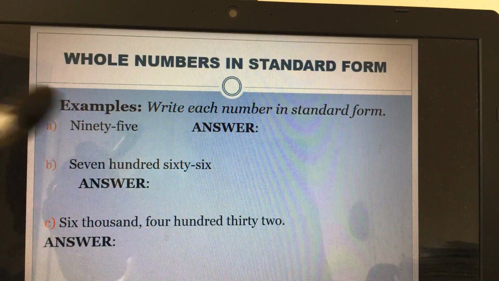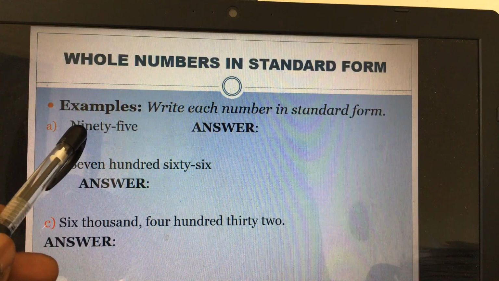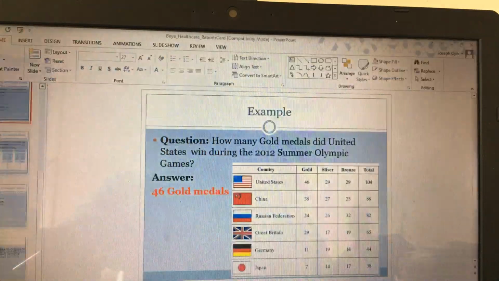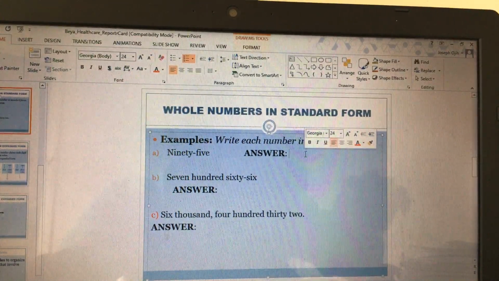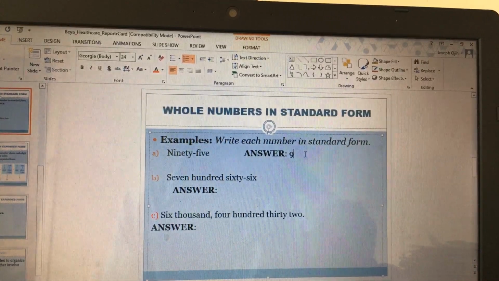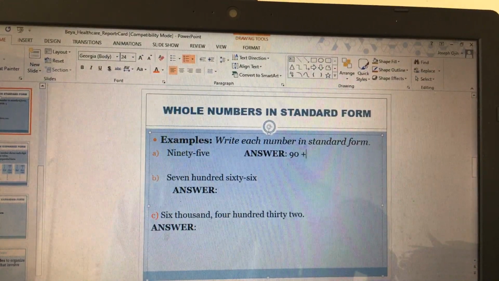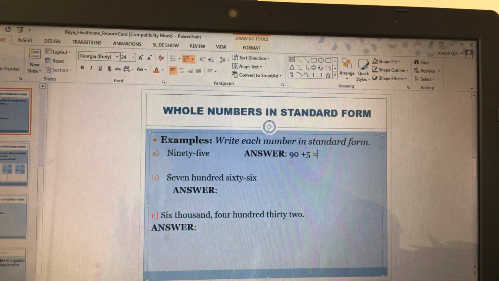It says here, write each number in standard form. The first number is 95. So look at what I normally do. I will type in here 90, okay, plus 5, and that will give us 95.